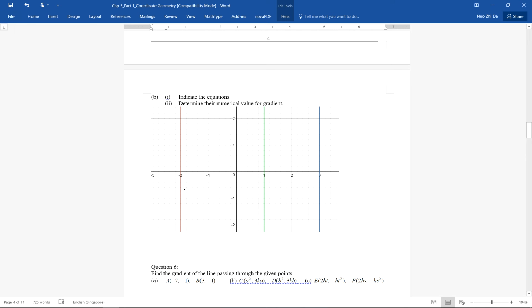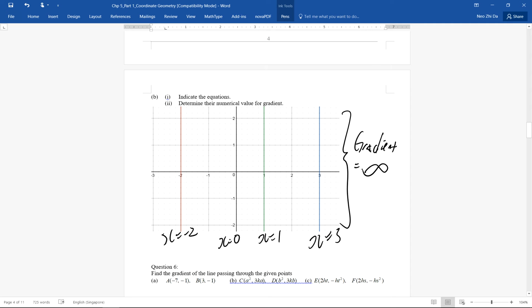This vertical line passes through x equals negative 2 and it just extends throughout. So this one is x equals negative 2. What about the y-axis? It is x equals 0. Then x equals 1, x equals 3. So what is the gradient, 0 or infinity? Infinity.